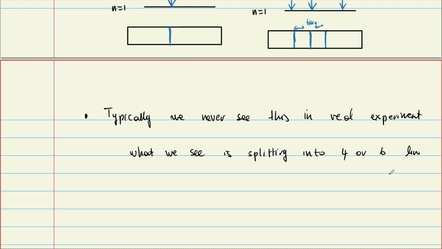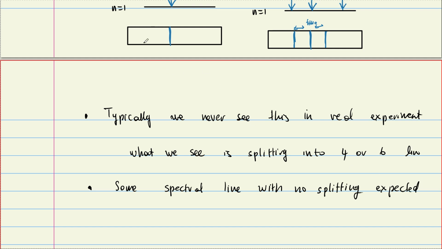And more dramatic than that, there are also some spectral lines where you are supposed to see no splitting at all. So some spectral lines with no splitting expected.